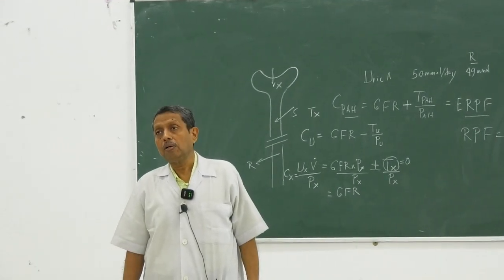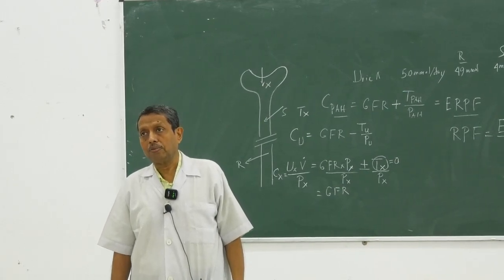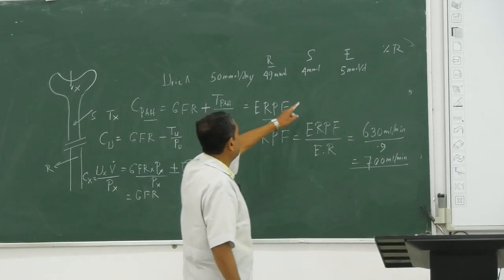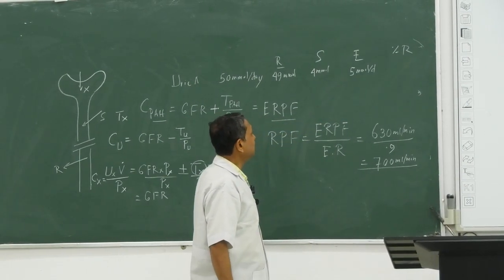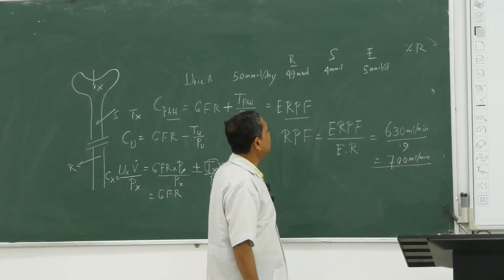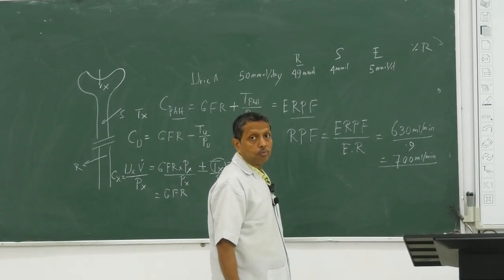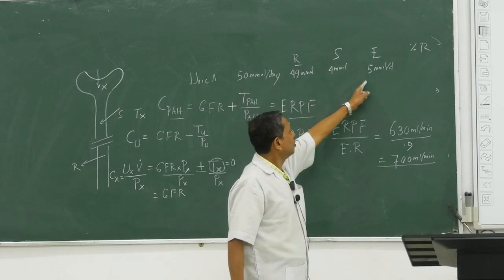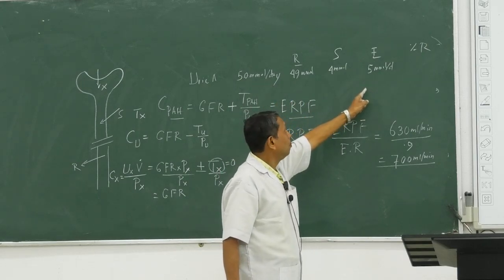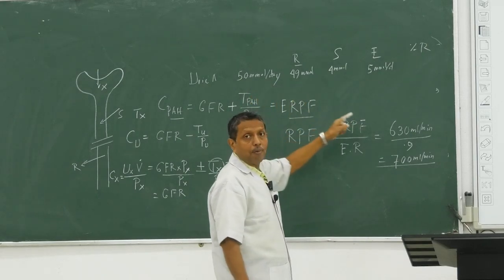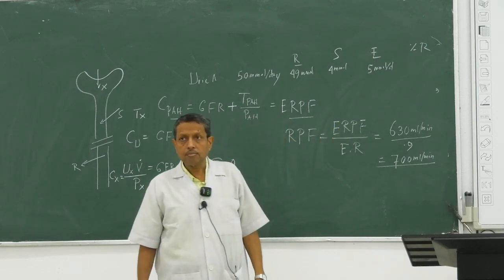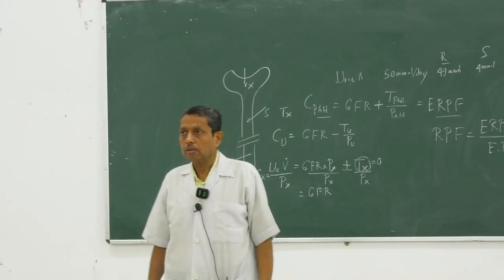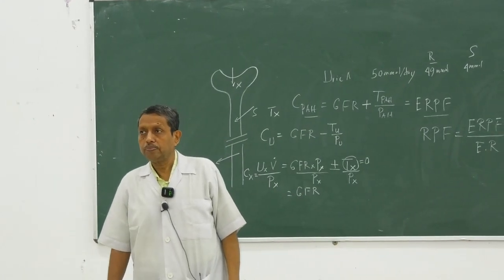Another typical example is potassium ion, from which you can calculate the percentage that is reabsorbed. Of 50 millimole, 5 millimole is excreted in the urine. So 45 by 50 into 100, 90% is reabsorbed.